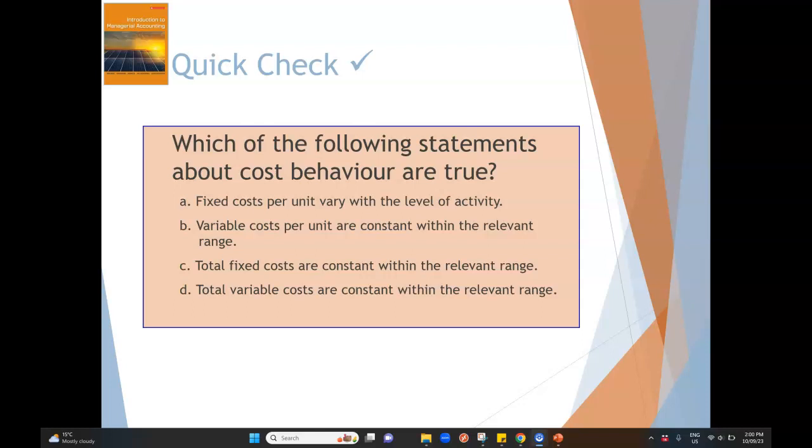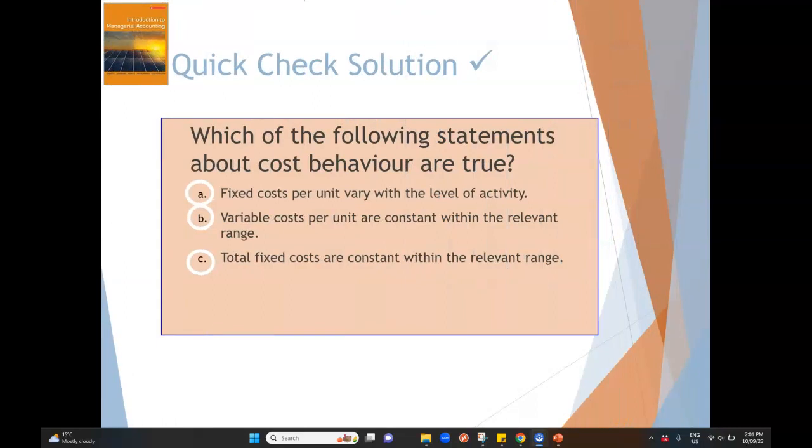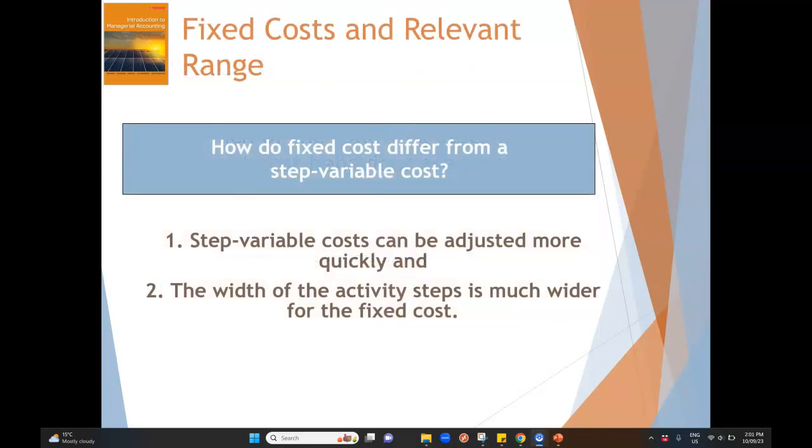Or D. Total variable costs are constant within the relevant range. Fixed costs and relevant range: how do fixed costs differ from a step variable cost? 1. Step variable costs can be adjusted more quickly. And 2. The width of the activity steps is much wider for the fixed cost.